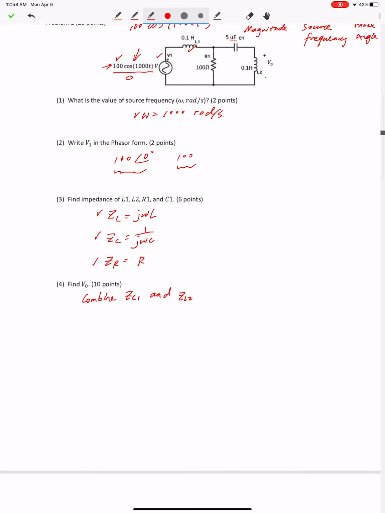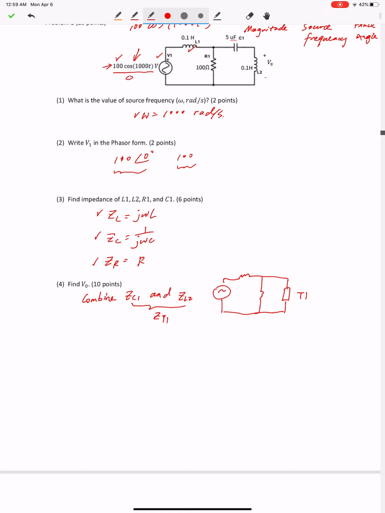After you combine these two together, you get a new circuit that looks like this. This is the combined impedance of C1 and L2. Let's call it ZT1. Combine ZC1 and ZL2 to get ZT1.